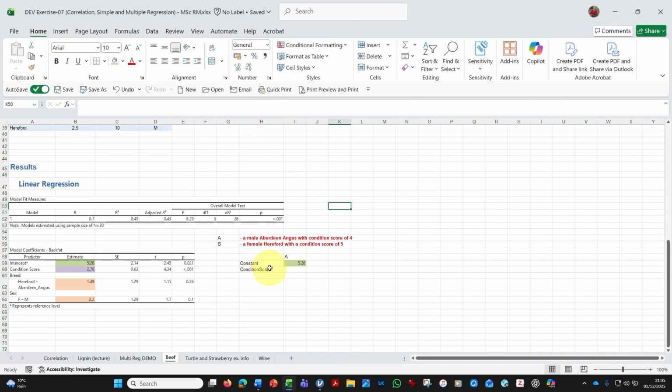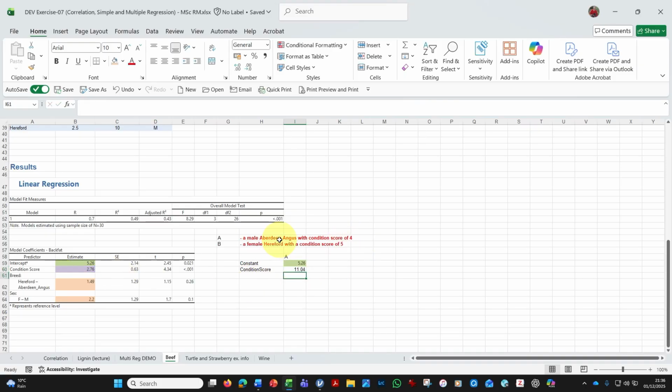Here, condition score is 2.76 multiplied by what the condition score is in our prediction, and that's 4. So we're going to make that equals 2.76 multiplied by 4. Oh, that's 11.04.